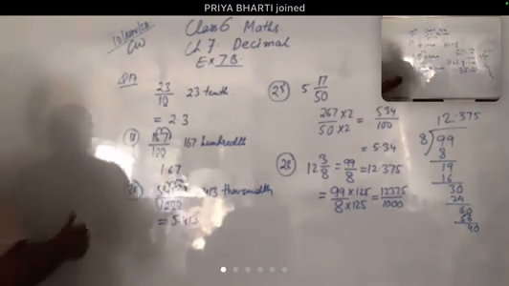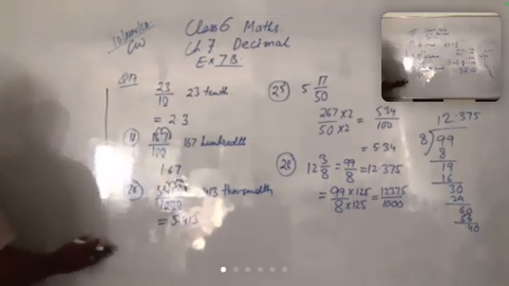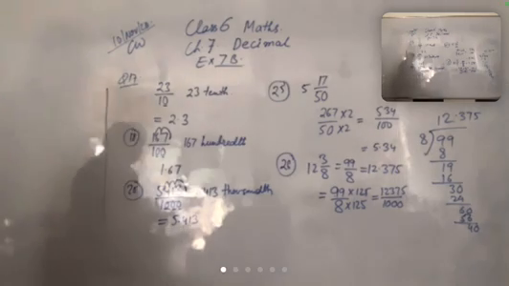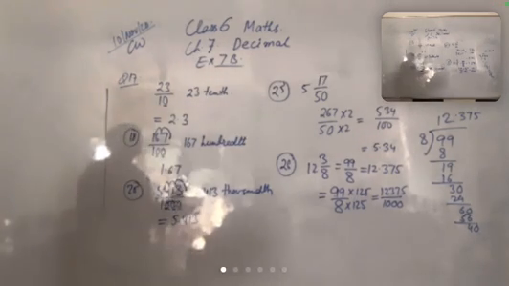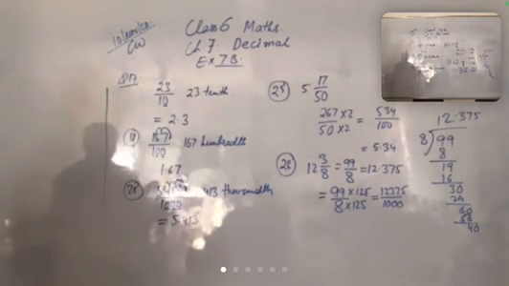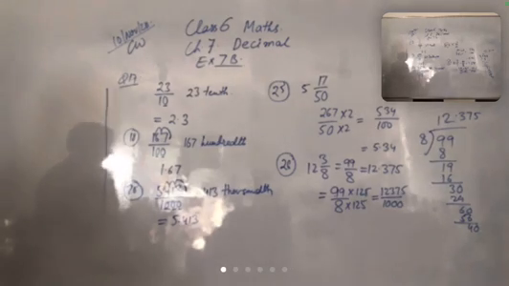Now the rest of the part you can do in homework. 17, 18, 20, 25 and 26 is the classwork, and the rest of the part you can do in your homework.